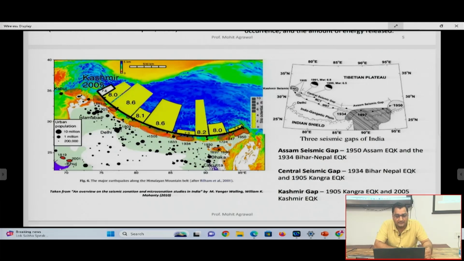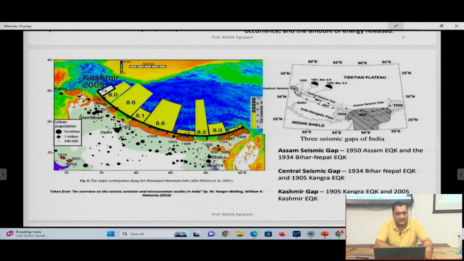So the bigger the circle is, the more the population is in that area. Along this plate boundary, you also notice some bubbly structures, like bubbles. Those bubbles are basically representing the amount of strain that was released after those earthquakes happened.